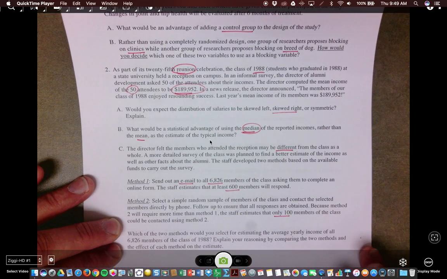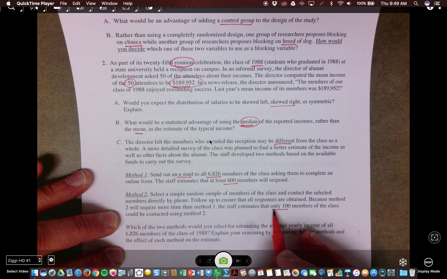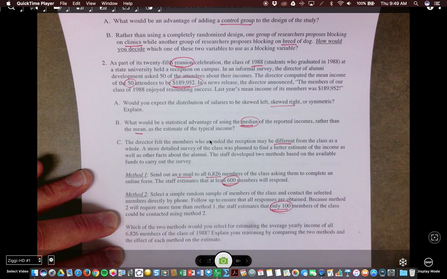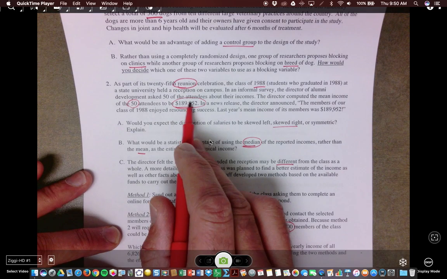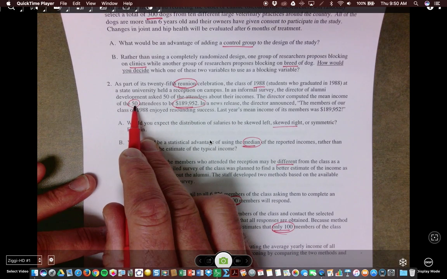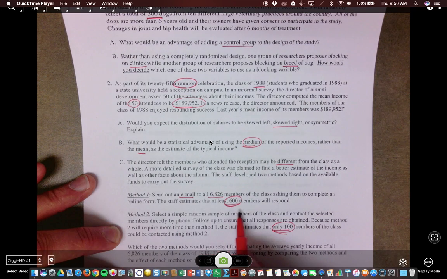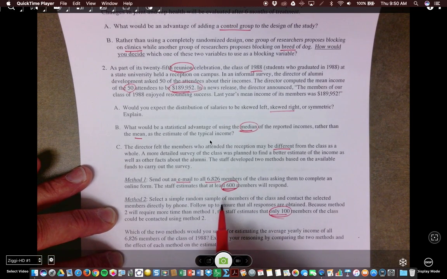All right, so we've got a couple things that are good and a couple things that are bad here. Number one, it'd be much better to have 600 people in our sample than 100. However, if you think about the problem, the initial survey was these are the 50 people that attended the class reunion. If you ask somebody about their salary and it's a voluntary response, I'll bet that the people that are going to respond to this are the ones that are kind of proud about their salaries and probably have higher salaries than normal.